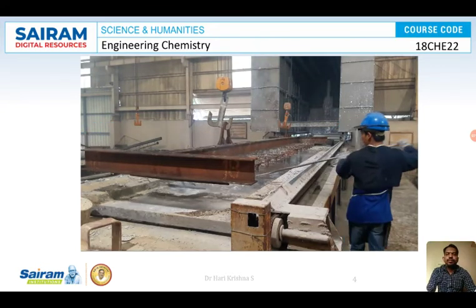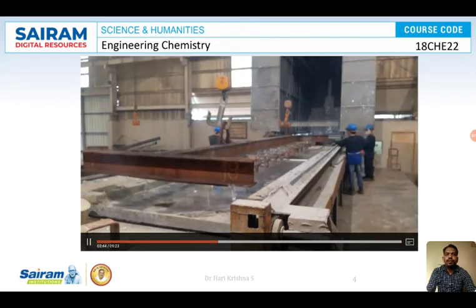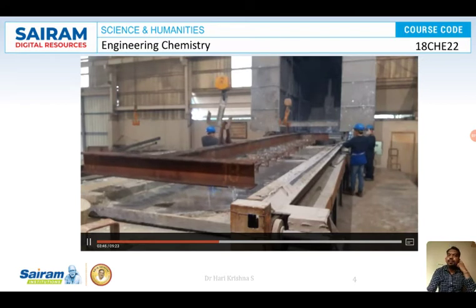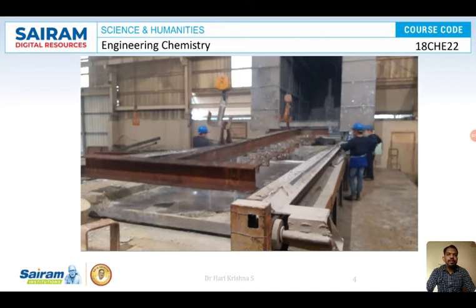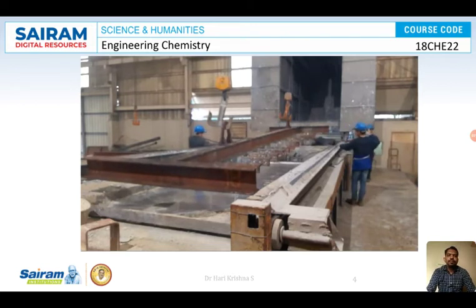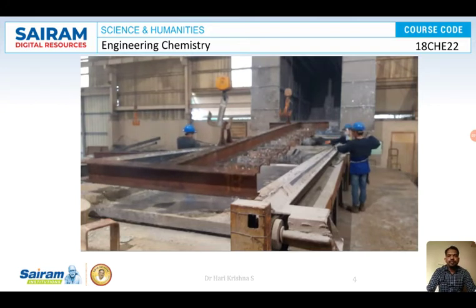It will be removed. I'll just show you how it will be removed. You see, slowly it will be lifted using robots. So when the poles come up, you can see the iron poles with a lustrous surface.